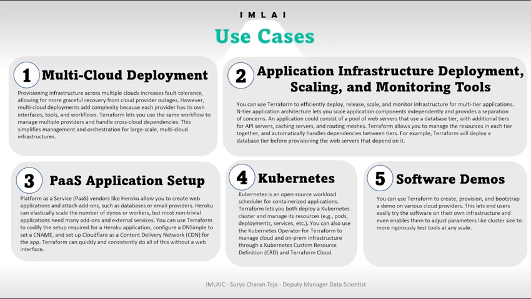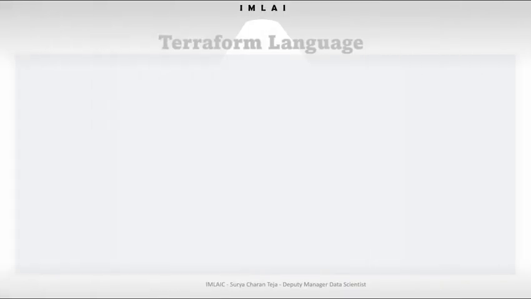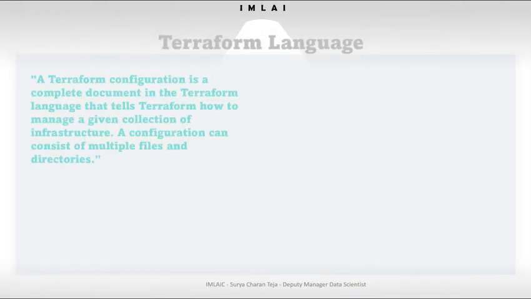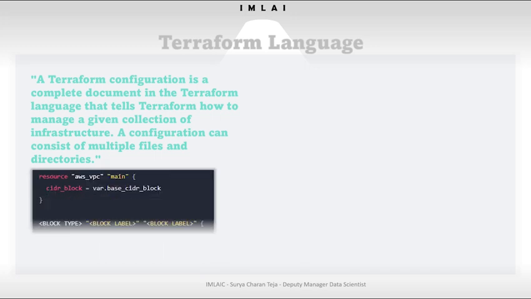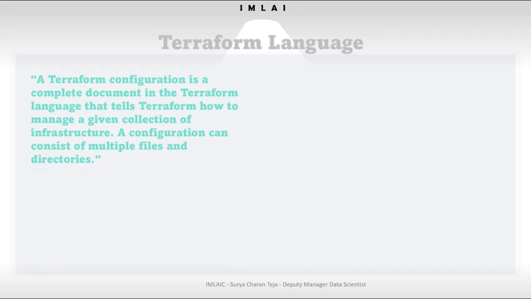We have seen the basics of Terraform, the workflow of Terraform, and then use cases and benefits of Terraform. Now let's look into the Terraform language, the Terraform configuration file, and the Terraform state file. Use the Terraform configuration language to describe the infrastructure that Terraform manages.